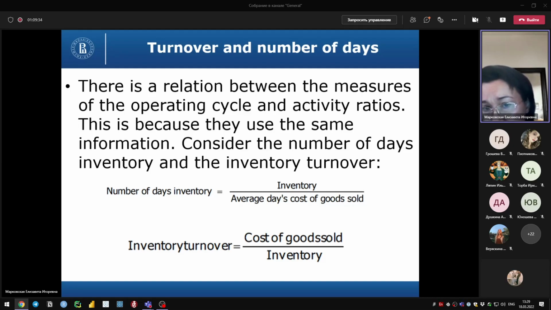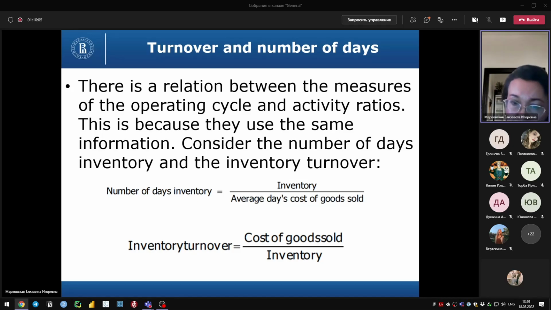There is a relation between these measures of the operating cycle and activity ratios. So the more number of days in inventory, the worse the situation with our liquidity and with our efficiency of using the assets.